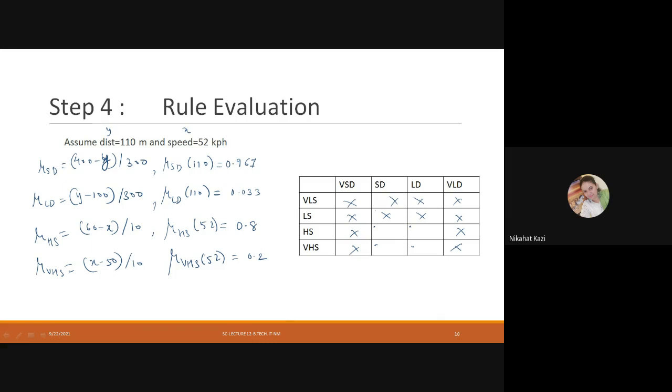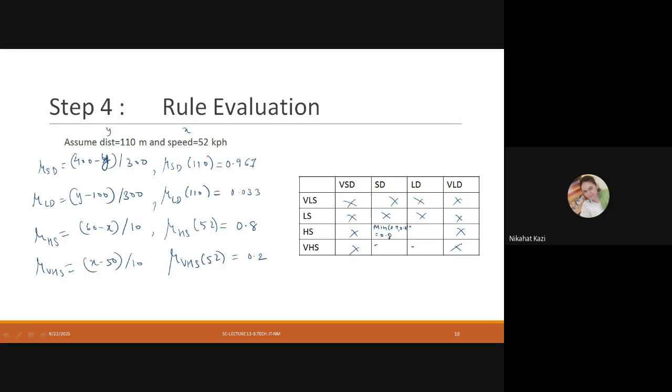So min of the values. Which values? The intersection. So high speed and short distance, the min of the values, right? I'll just write for this one block 0.9 and 0.8. That is 0.8 for your reference.